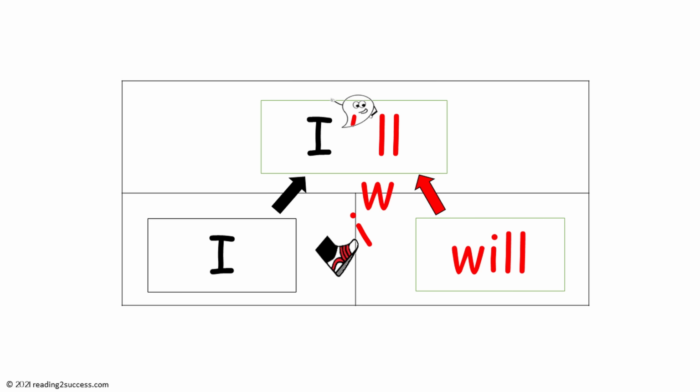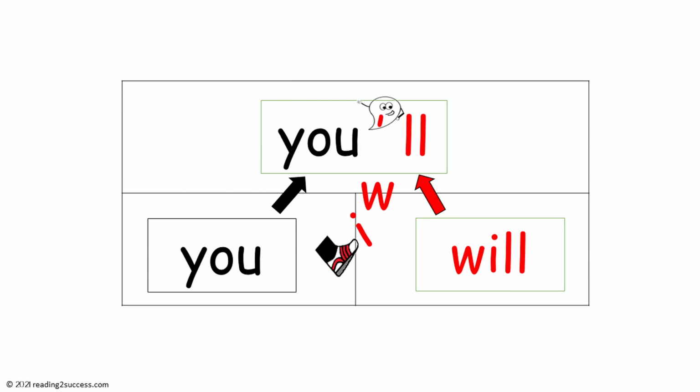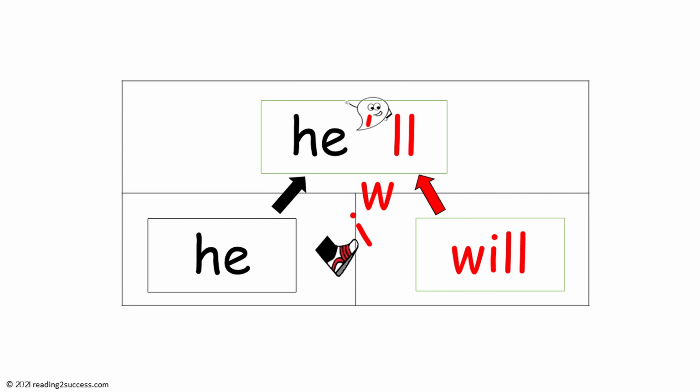Put I and will together, toss out the letters W and I, and make the contraction I'll. Put you and will together, toss out the letters W and I, and make the contraction you'll. Put he and will together, toss out W and I, and make the contraction he'll.